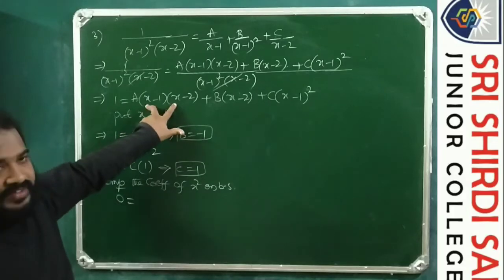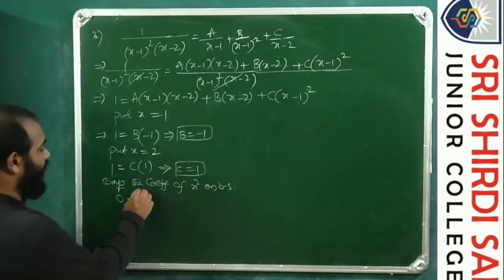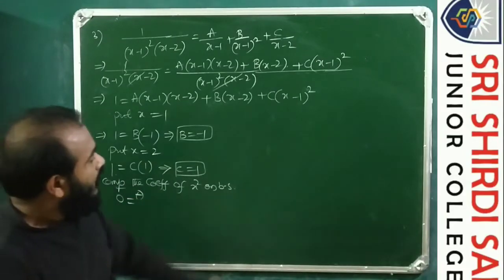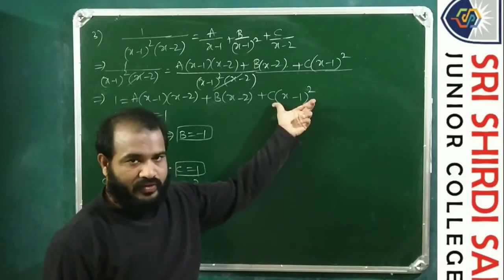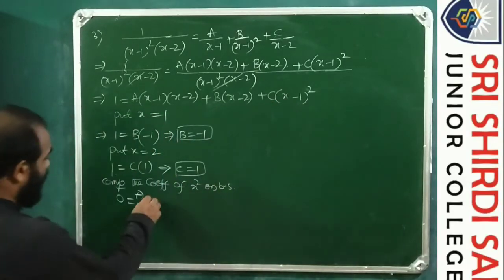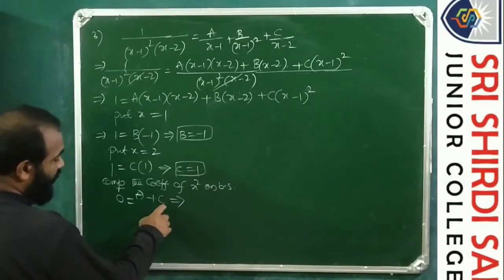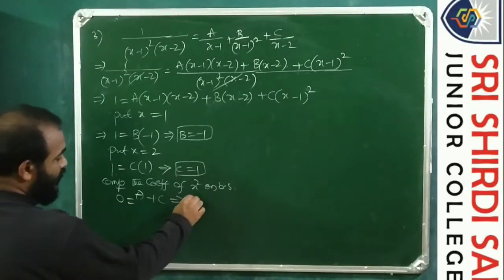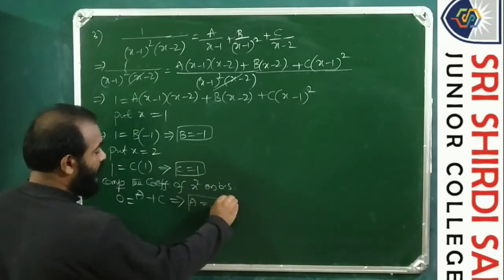Here if you expand this, x square minus 3x plus 2, so x square coefficient is A. And here also x square minus 2x plus 1, into C, so x square coefficient is C. So A plus C equals 0. So from this, A is equal to minus C. So A is equal to minus C, which is minus 1. So A equals minus 1.